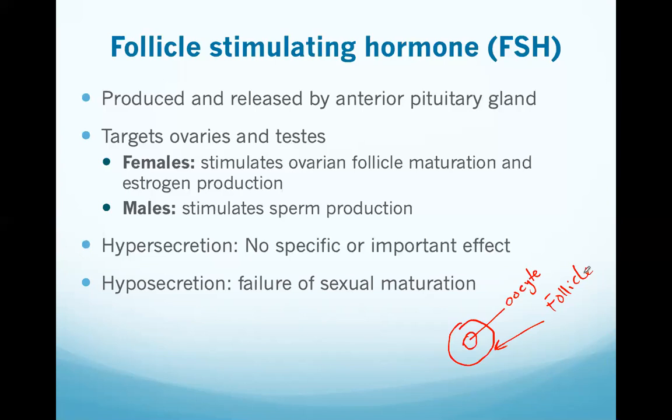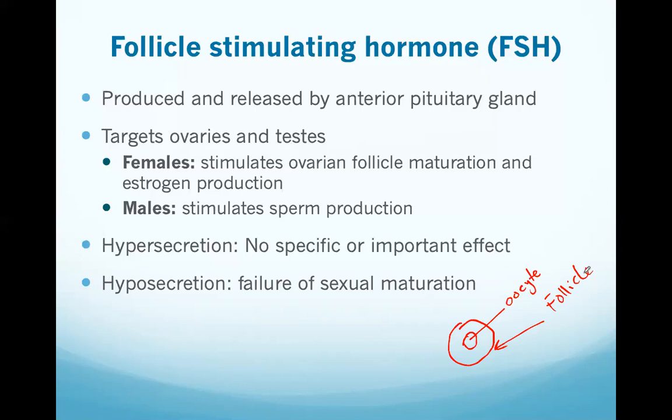With hypersecretion of the FSH, there hasn't really been any major change noted if either male or female have elevated levels of FSH. However, hyposecretion basically prevents both male and female from reaching their sexual maturation.